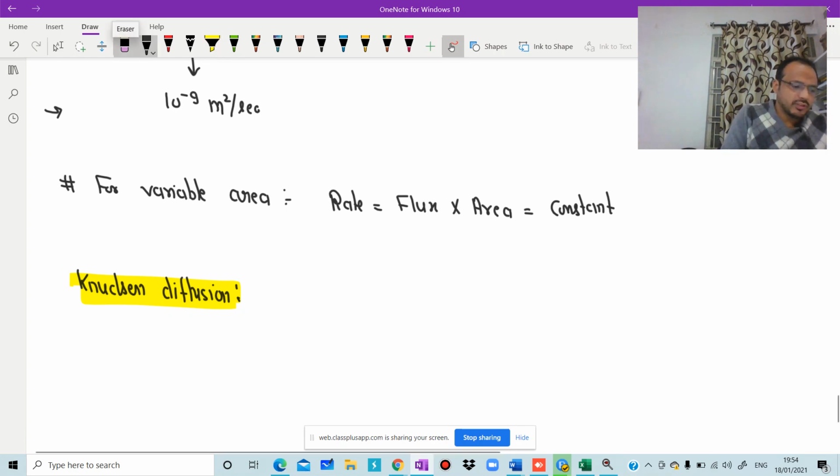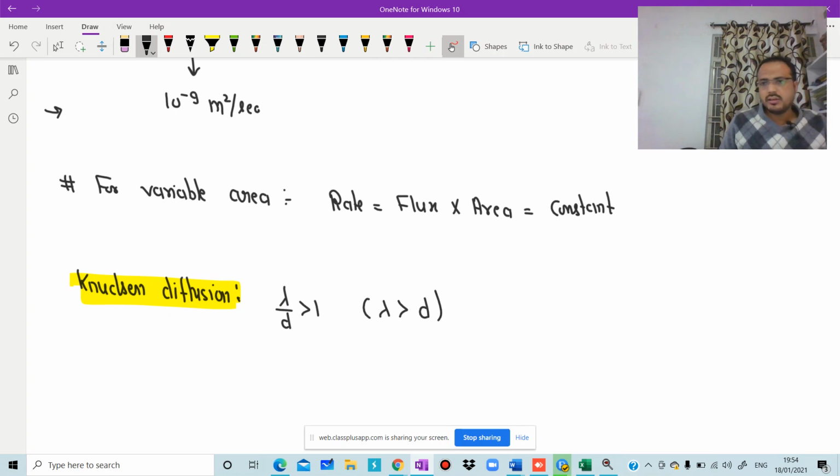We know that Knudsen diffusion occurs when the ratio of the mean free path of the gas molecule to the pore diameter is greater than 1. When lambda is greater than d, in that case Knudsen diffusion occurs.